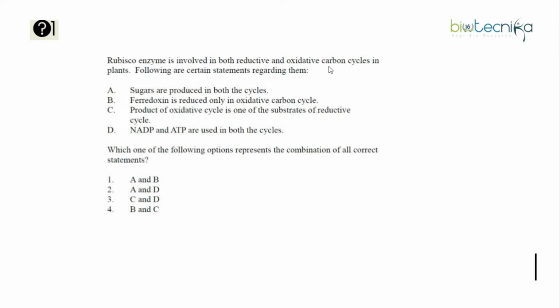However, we mostly exploit the carboxylase property in the C3 cycle, and that is what is desired. However, in many cases we do have the oxygenase version of it being active, and that is the C2 plants.